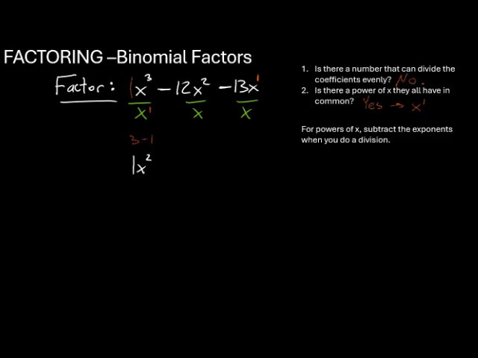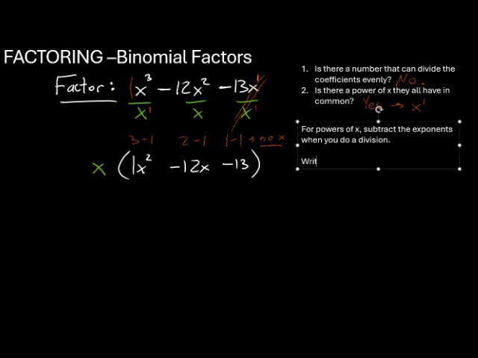For our second term, we will have second power minus first power. This will give us negative 12x. And for our third term, x to the first over another x to the first cancels out the x's and gives us no power. This will give us negative 13. And remember that we will write the x we divided by on the outside.